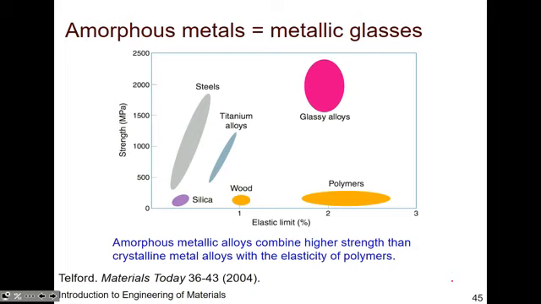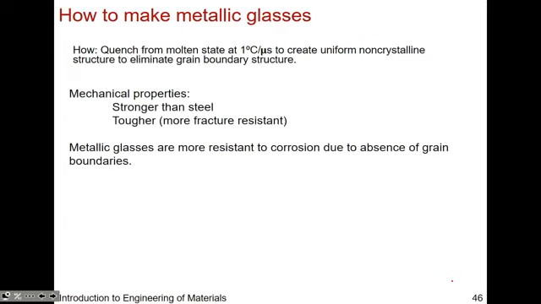The other thing to note is that because they're not crystalline, their elastic limit rivals that of polymers that you see here. So this is the range. So not only does it have high strength, but also high elastic limit. And that can do a lot for us in terms of incorporating into materials. Okay, so this is just some background on how one makes a bulk metallic glass.